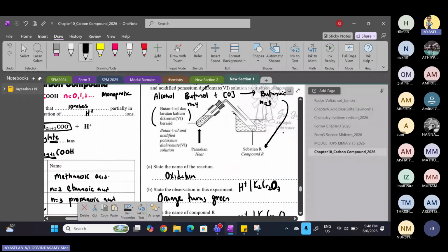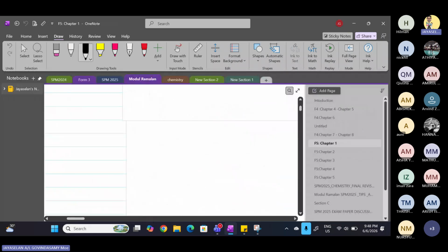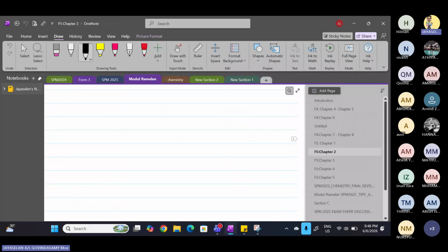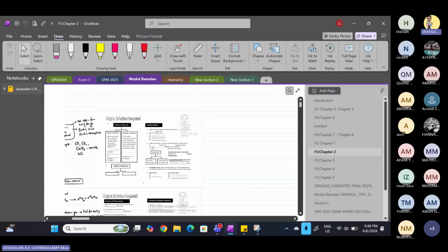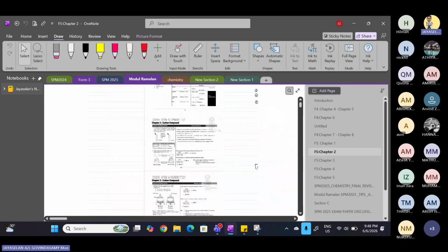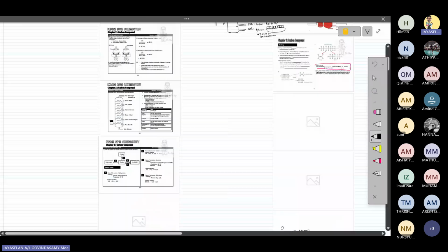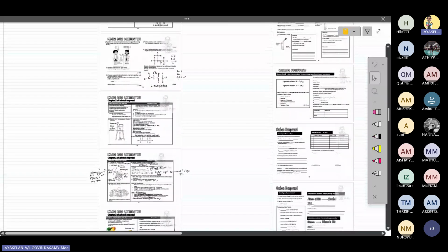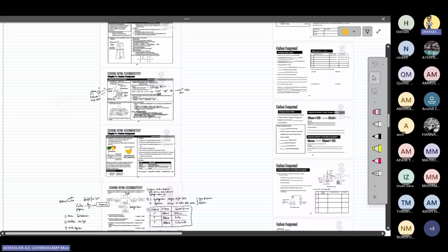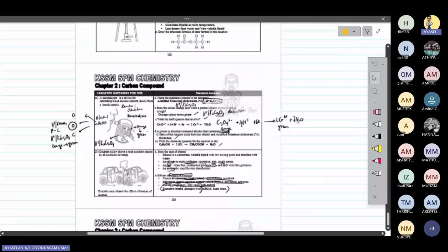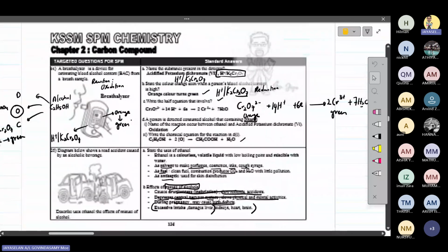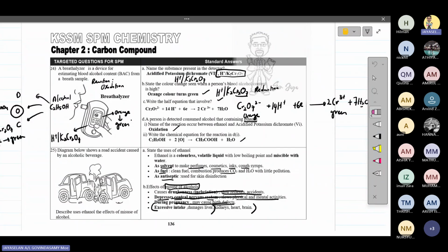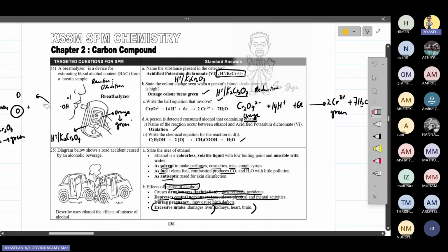One more before I go on. See the book, chapter 2. Inside the book there is one part you must remember: the breathalyzer. This has not come out in the exam for a long time, so you must remember it.